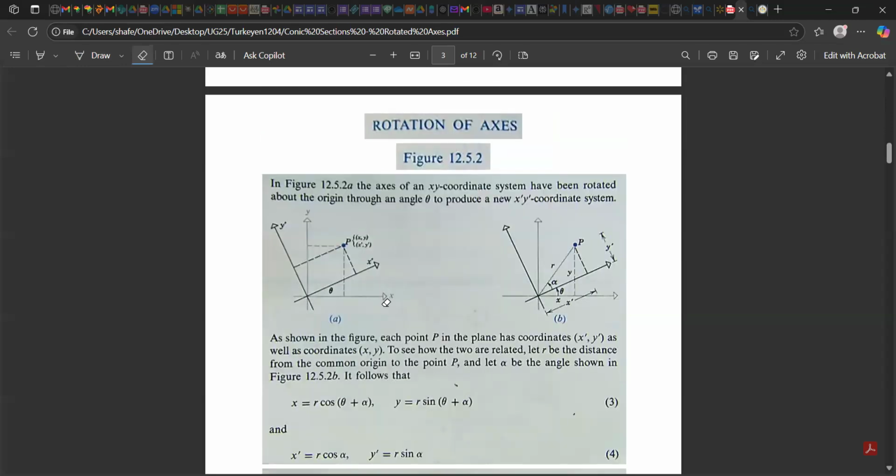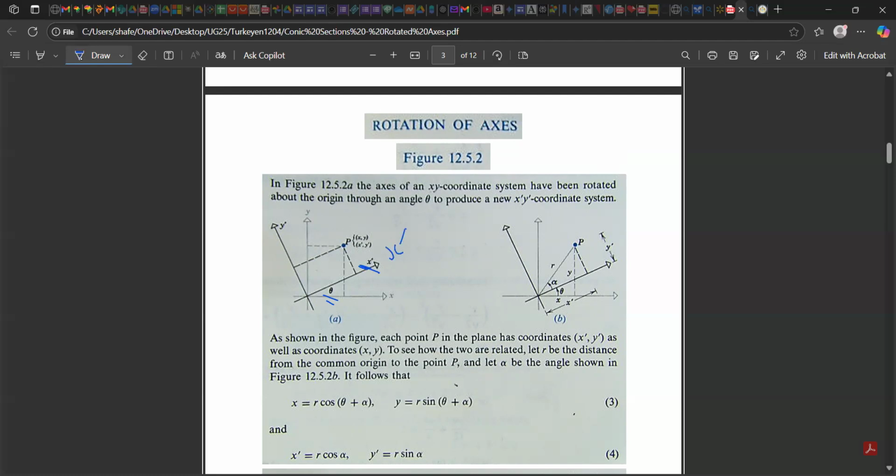So here you have a point, right? And if you have an axis, now we know the normal x and y axis, right? But now if the axis is rotated somewhat by theta degrees, that's what you see. And your new axis now becomes x prime, as you see here.